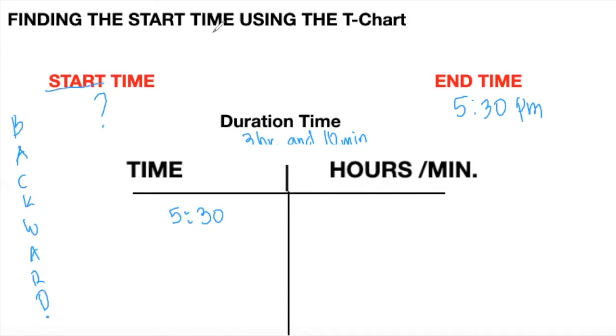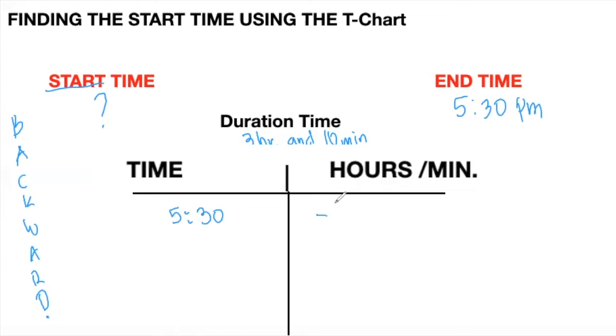So for some, they can automatically subtract 3 hours and 10 minutes. But so that we will not get confused, we can start subtracting the hours first. Take note that we will be subtracting 3 hours. Better if we will start subtracting 1 hour at a time.